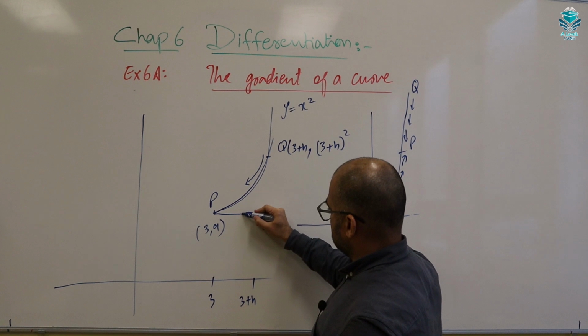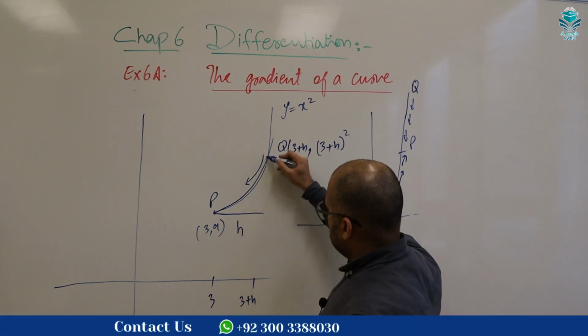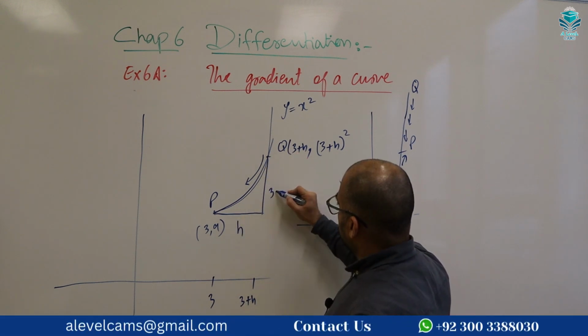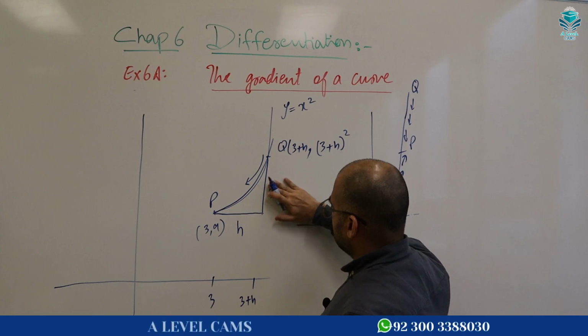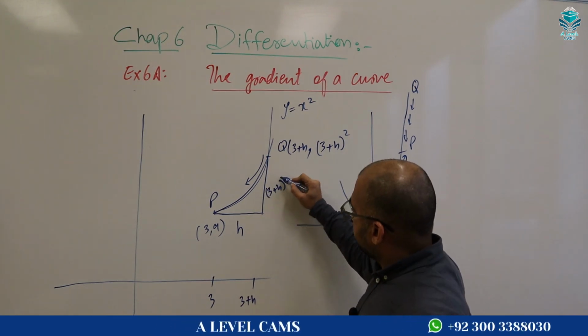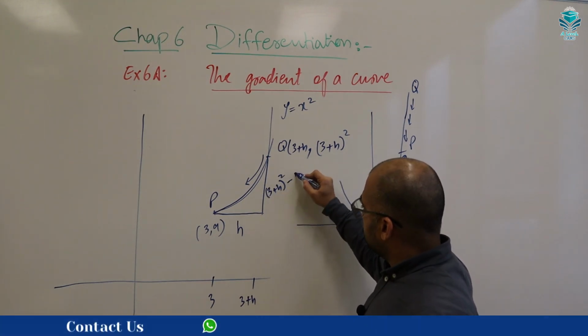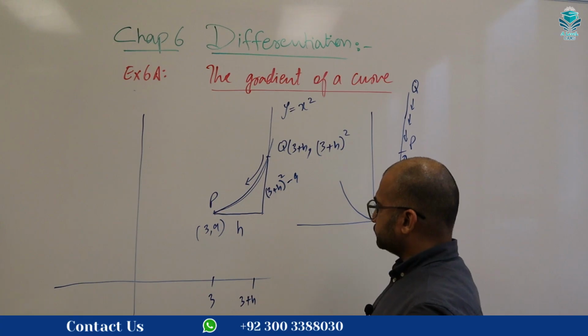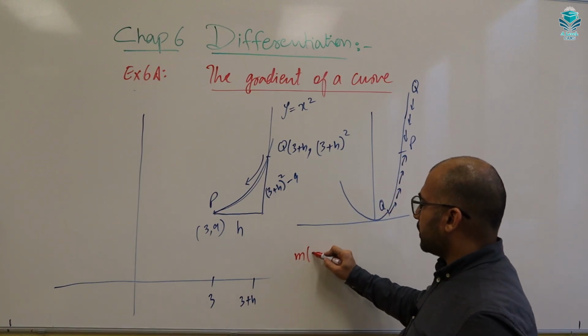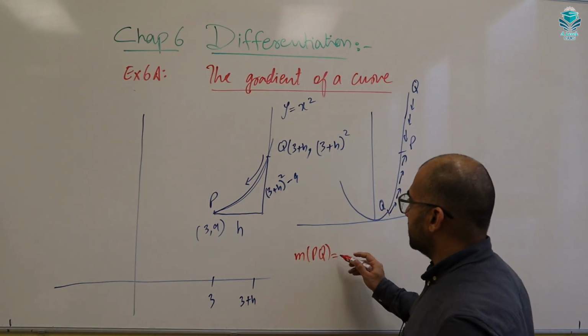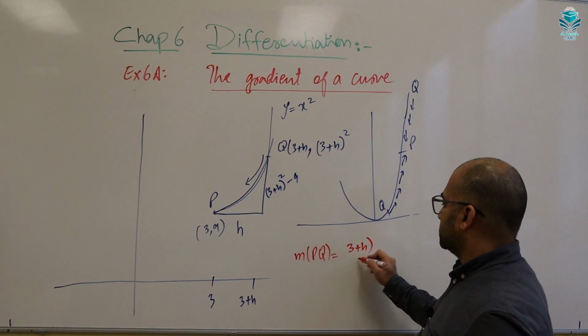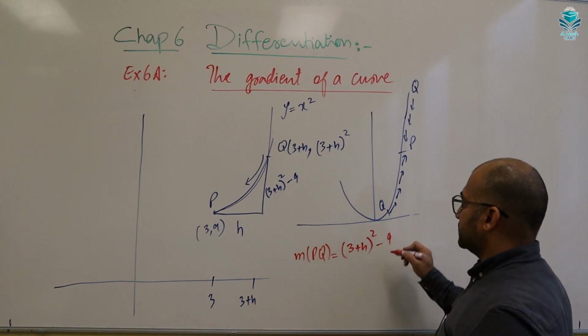So this distance is h, since 3 plus h minus 3 is nothing but h, and the vertical difference is (3 plus h) square minus 9.